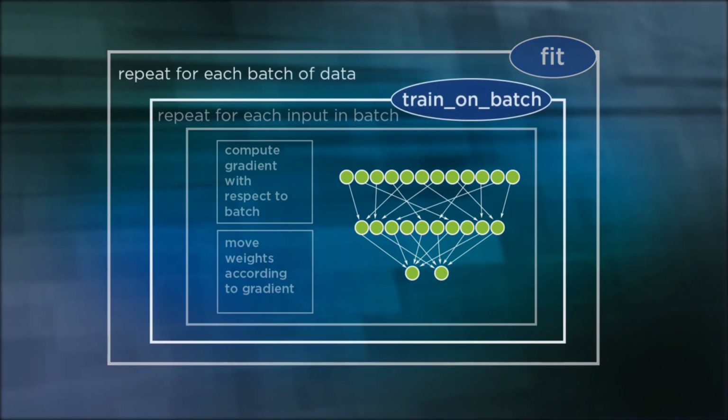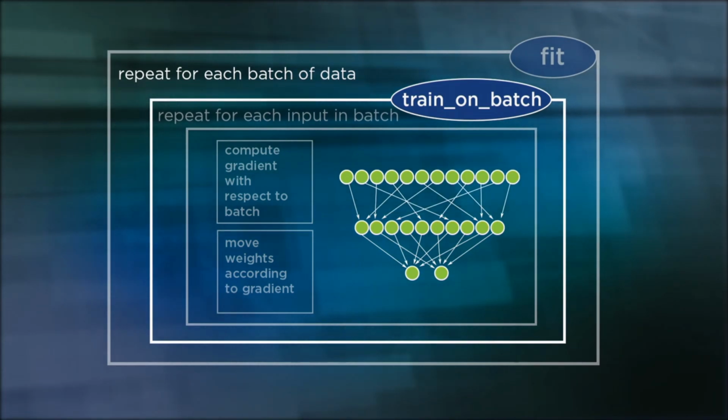But a GAN involves two networks, so to train a GAN, we need to use each batch in two different ways. We need to use it to adjust the weights of the generator, so it can make inputs that fool the discriminator, but we also need to train the discriminator to distinguish even the improved output of the generator from the real training data. Using batches in these two ways means we need more detailed control over what happens during the processing of a given batch.